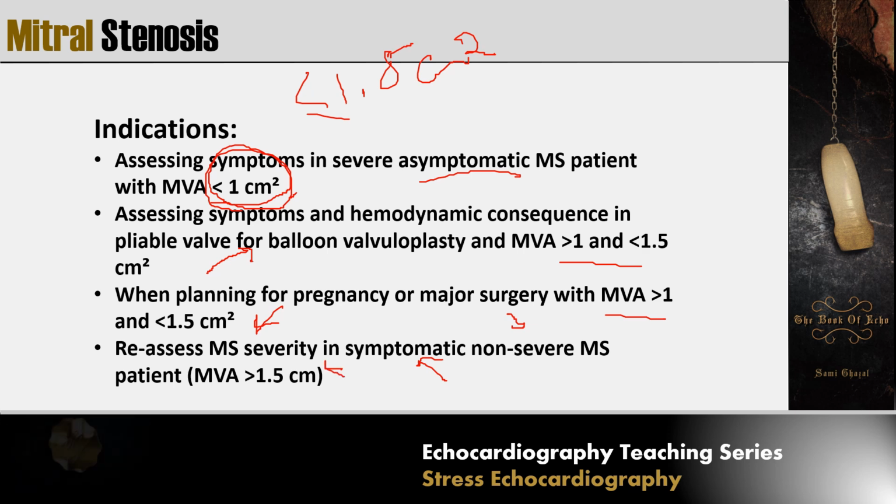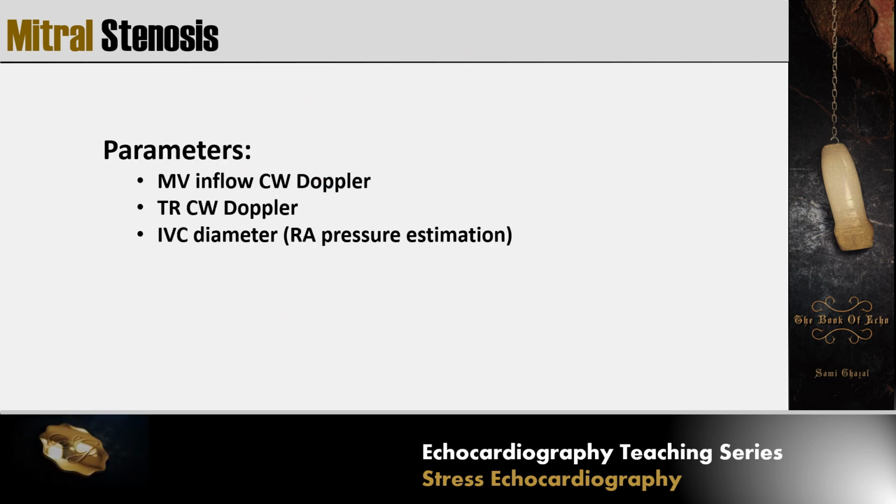It's nice also to do exercise, so you might regrade the patient as severe now. We check mitral inflow with the CW, TR with the CW, and IVC diameter for RA pressure estimation.